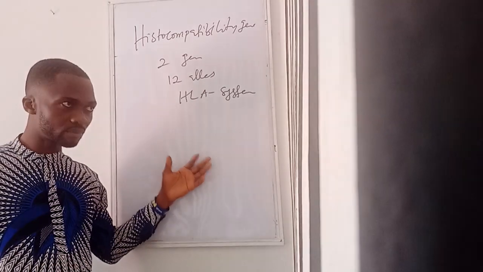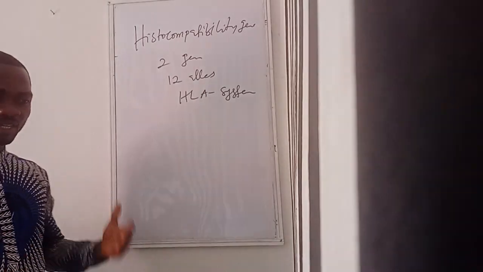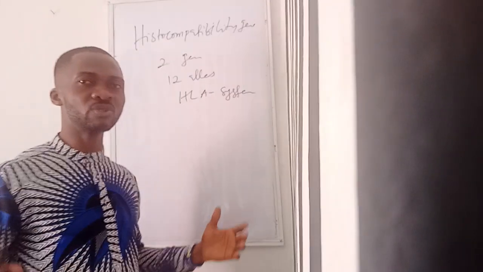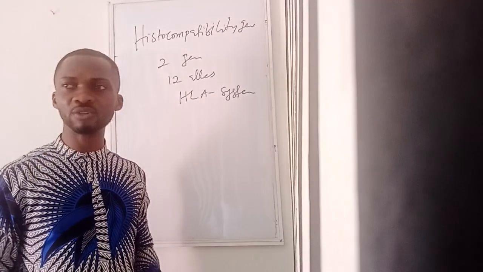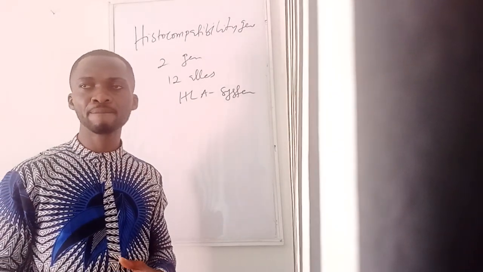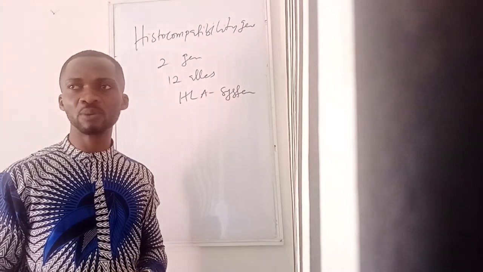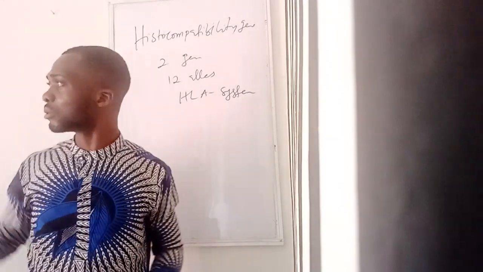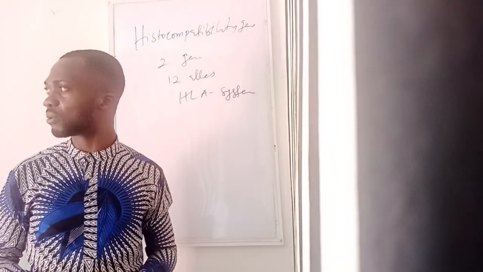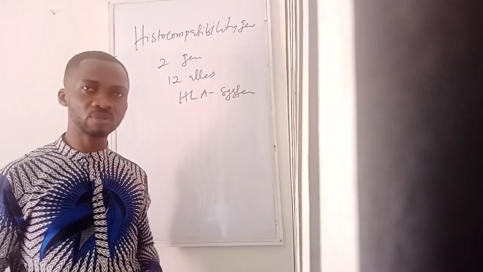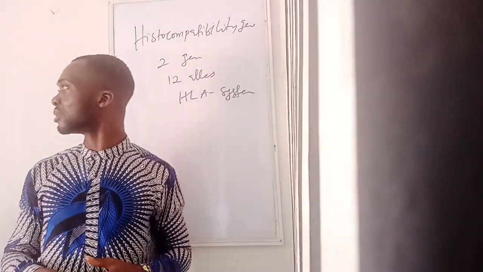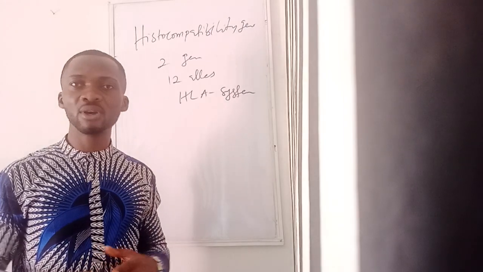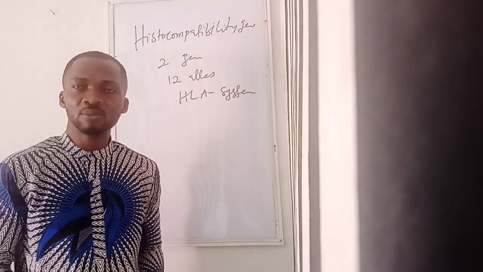Somebody may ask, is it not possible for somebody who is not related to another person to transplant an organ? It's possible. But what happens is that they inject the individual with what we call immunosuppressive drugs. These immunosuppressive drugs have a way of suppressing the immune system of the host.